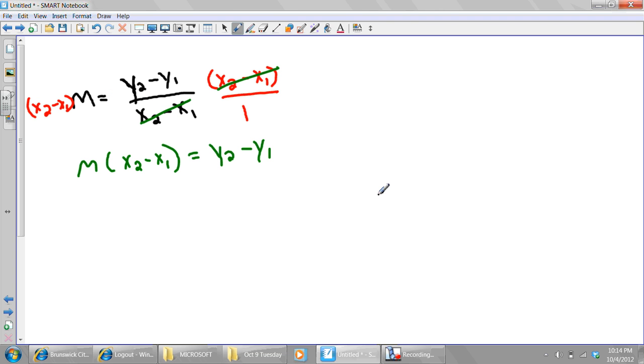All they do is write the y terms first, and instead of using two y coordinates, they use a y variable minus a y coordinate. That's equal to the slope times the quantity of an x variable minus the x coordinate that goes with the y. And that is point-slope form.